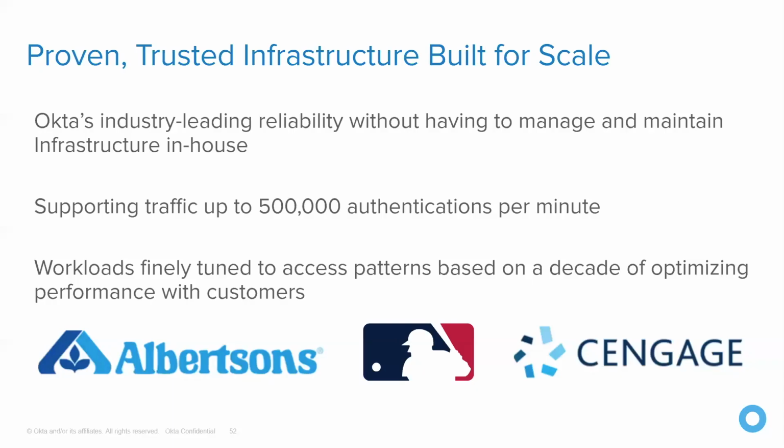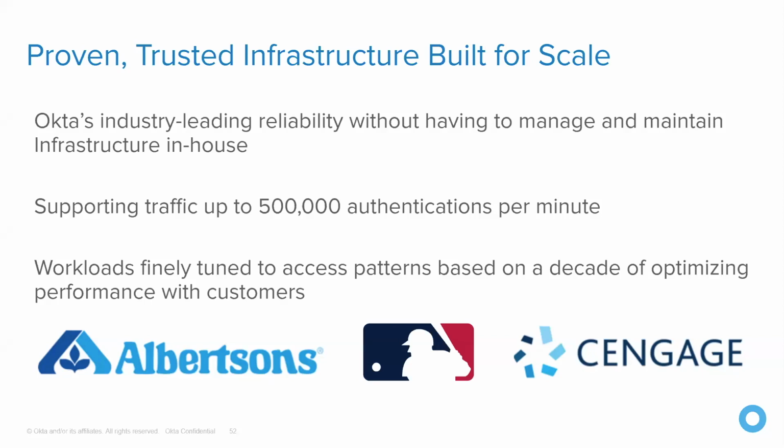But we do provide it at scale, because we have a proven, trusted infrastructure that can now support up to 500,000 authentications per minute. This is based on more than a decade of working with a very broad range of customers, several thousands of customers, optimizing performance with them across all their use cases.